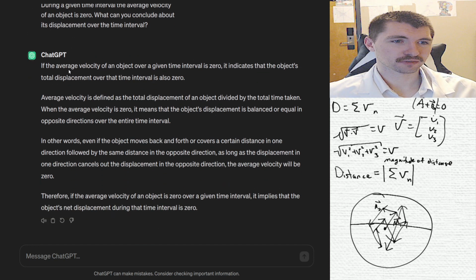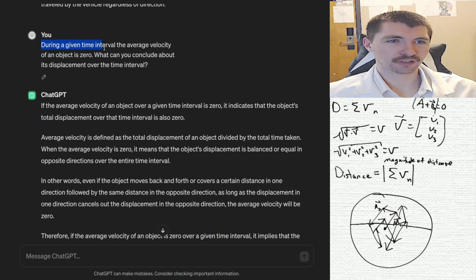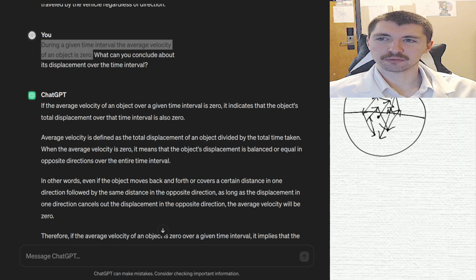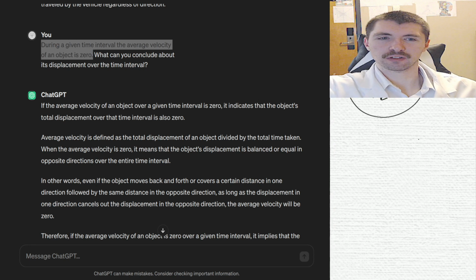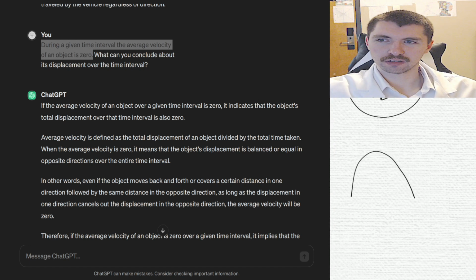So, what was this? During a given time interval. All right, so I remember this. You can think of it like a picture, and I don't think the language model can really do pictures that well. So let's say this is our average velocity.